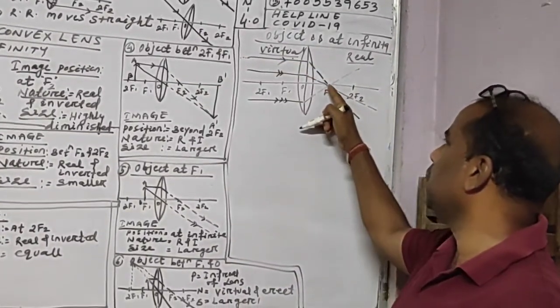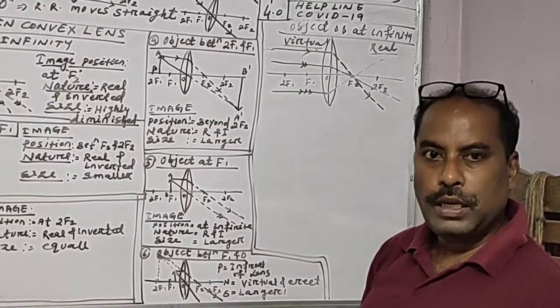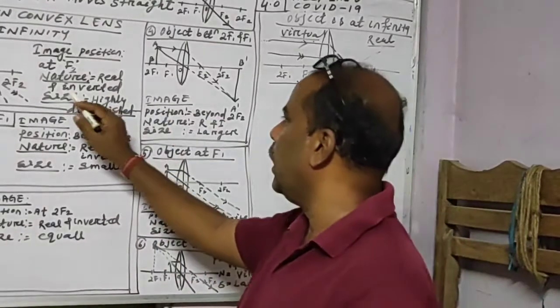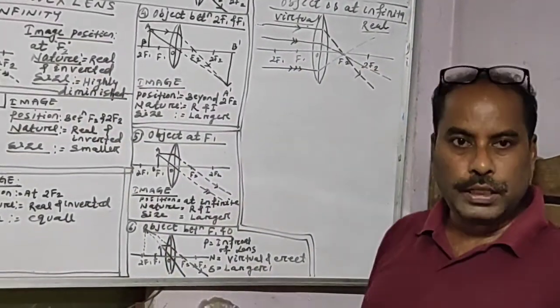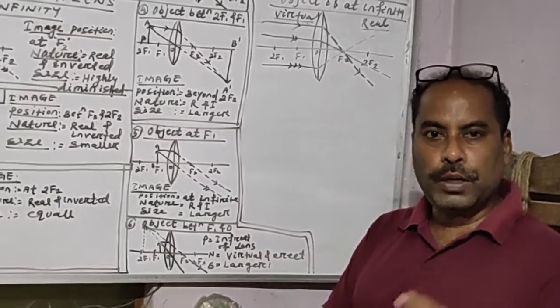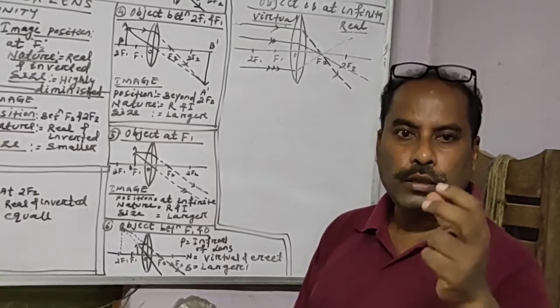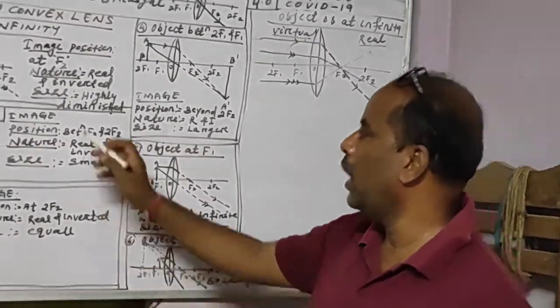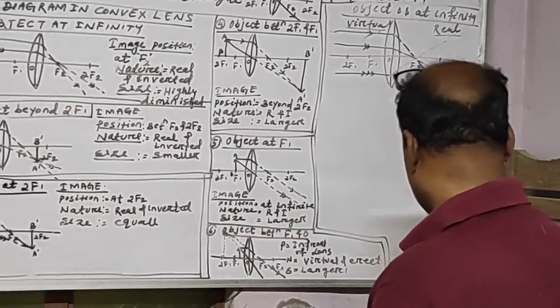So as the image is forming here, it is called real. If it is real, it should be inverted. So real and inverted. Then the size: it is a point, but the sun is so big, and the image is coming as a point. So we write highly diminished. This is point 1. The first ray diagram is over.